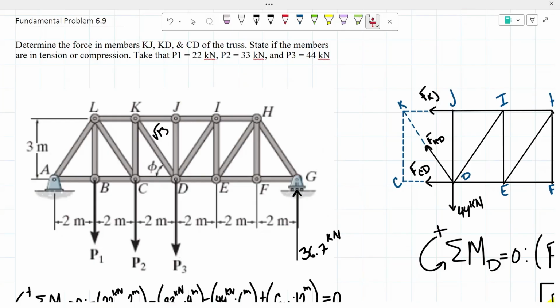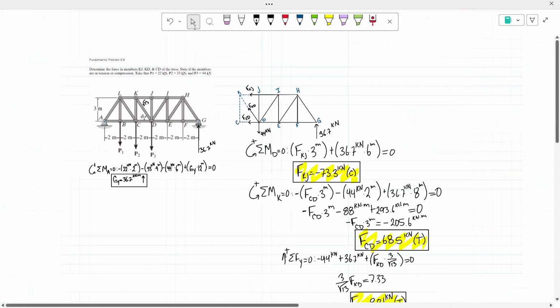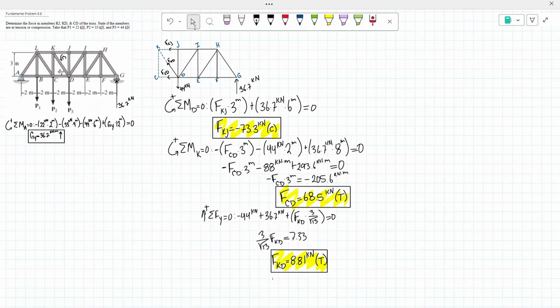So to find the value of our reaction at point G, we took the sum of the moments about point A. That way these two reactions would not be creating a moment, and we were able to solve for our reaction G of Y. And then from there, we would just simply use the method of sections to determine the rest of the problem.